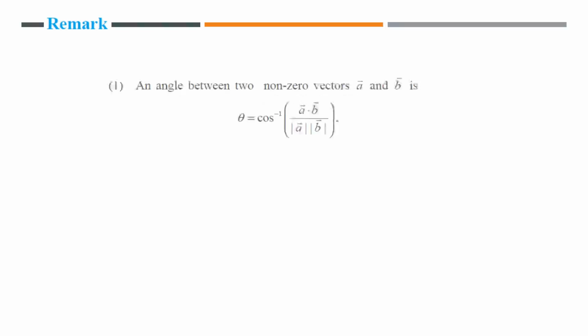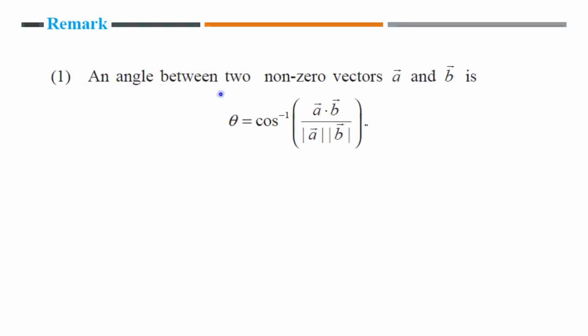We are going to see some remark points. First one is, an angle between two non-zero vectors a vector and b vector is theta equal to cos inverse of a vector dot b vector divided by modulus of a vector into modulus of b vector. This formula will be arrived from a vector dot b vector equal to modulus of a vector into modulus of b vector into cos theta.